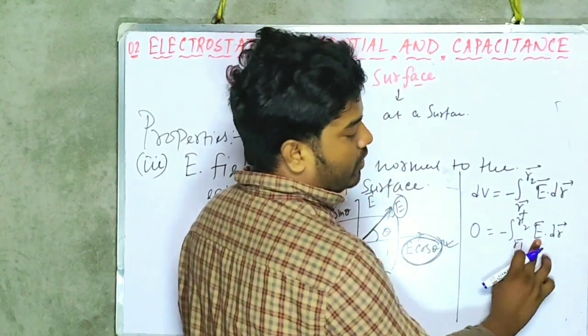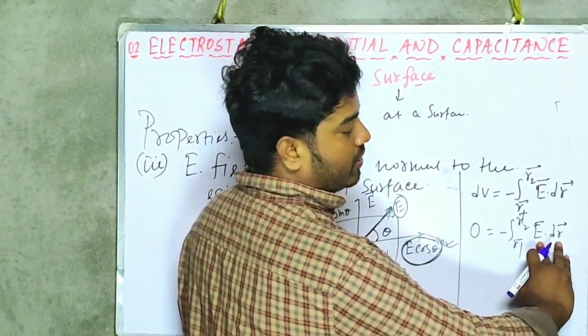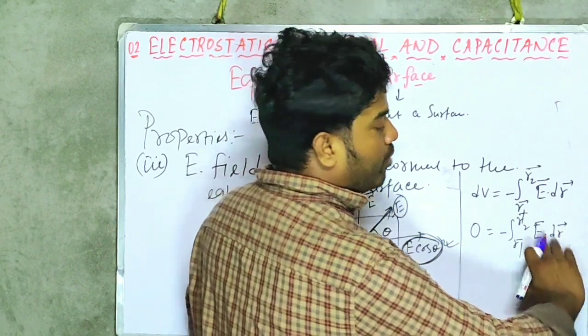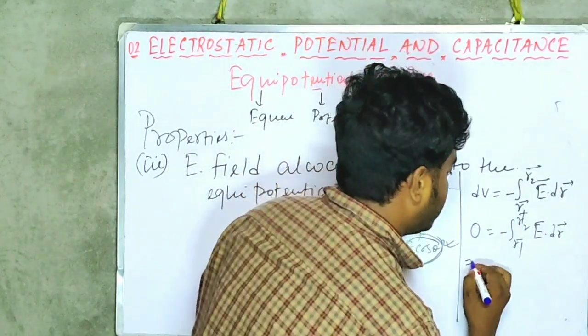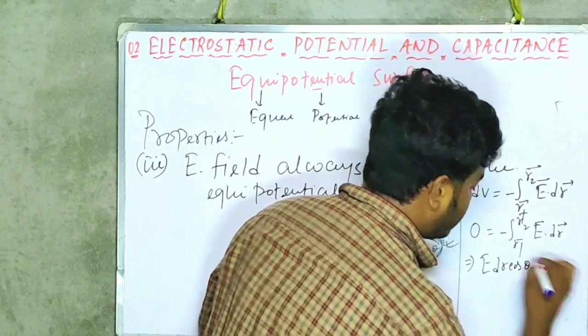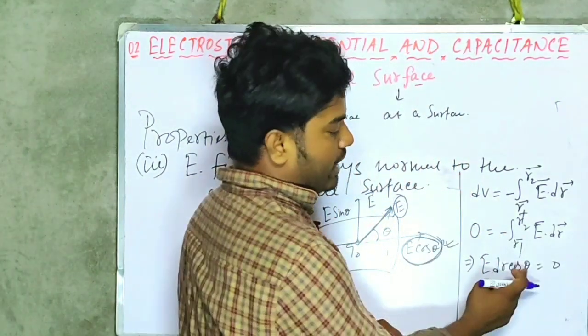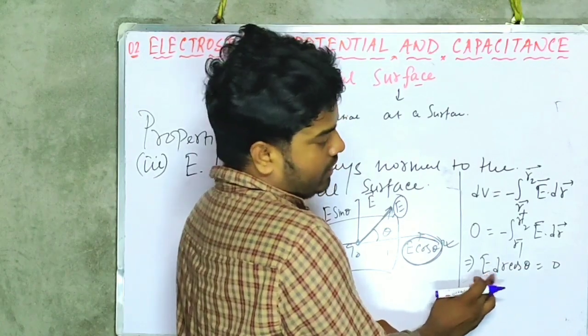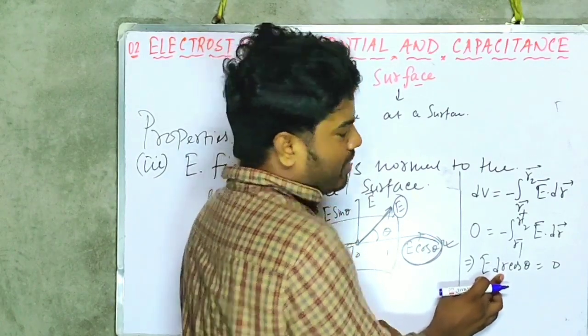The dot product of electric field and distance is 0. And you know the dot product is E dr cos theta equal to 0. What is theta? Theta is the angle between electric field and the displacement, or you may call it distance.